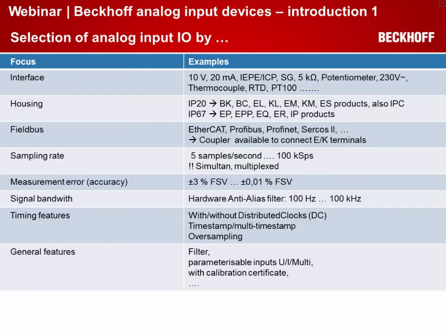And the last requirement that can come from the application side is what general features are needed in my machine, in my test stand, in my test bench. Do I need some special filters which are available only in some special modules, or do I need a module which is changeable in hardware from voltage to current measurement, or maybe I need a calibration certificate on a terminal.